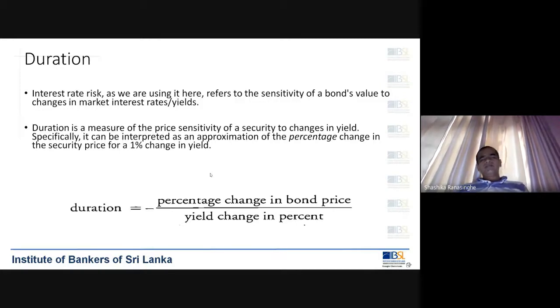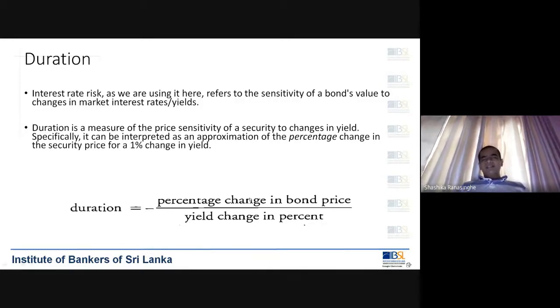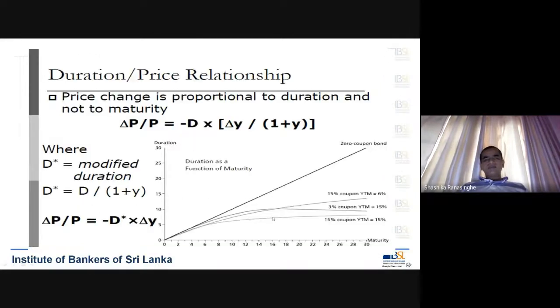So duration is minus percentage change in the bond price divided by yield change in percent. Okay. So price change is proportional to duration and not to maturity. Remember, the change in price is proportionate to duration and not to maturity.